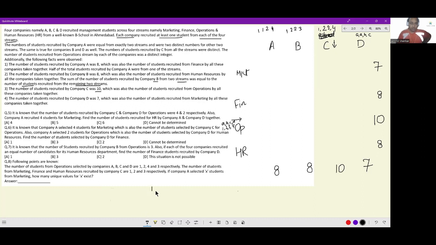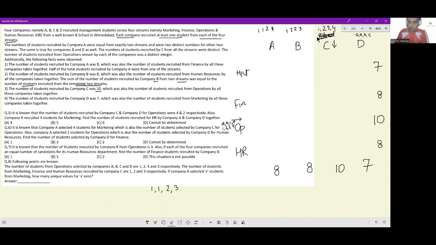Minimum number of people hired will be 1, 1, 2, and 3. This is the smallest possible number of people that can be hired in D, which adds up to 7. This 7 is interesting because 1, 1, 2, 3 is the only possible case by which AABB can turn into a sum of 7.